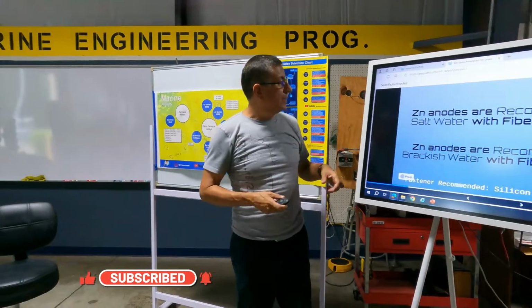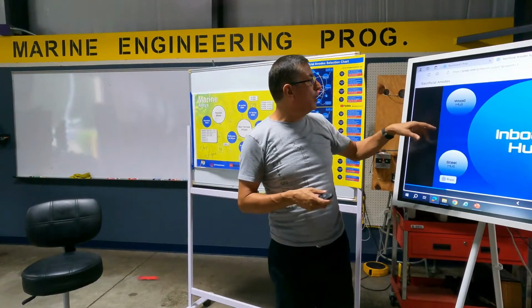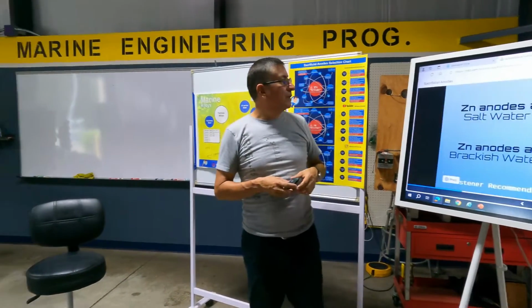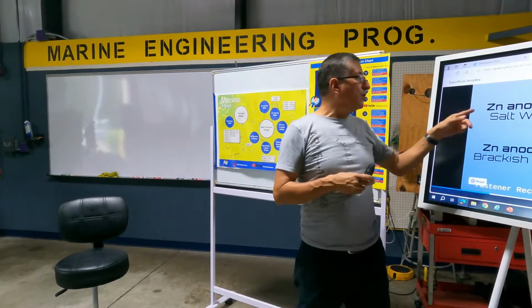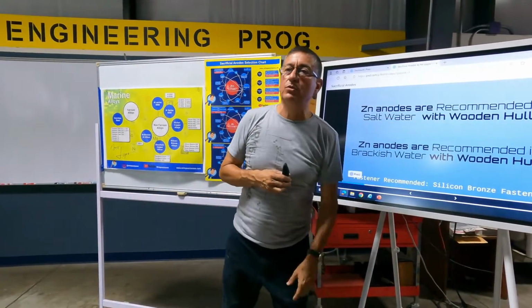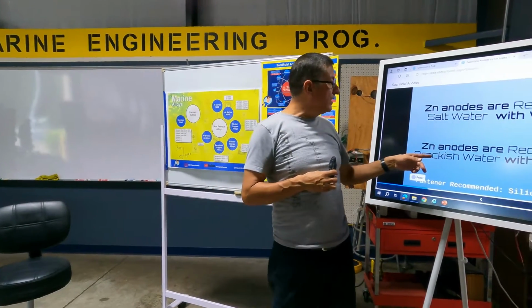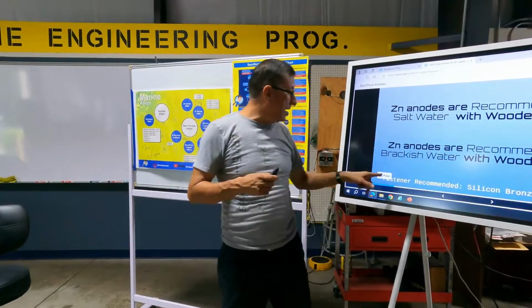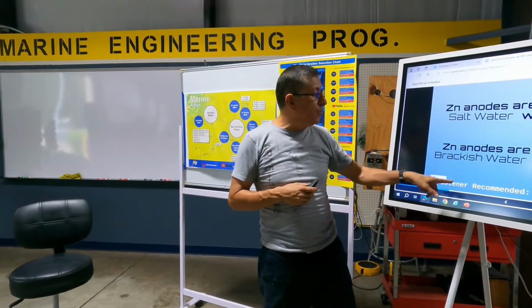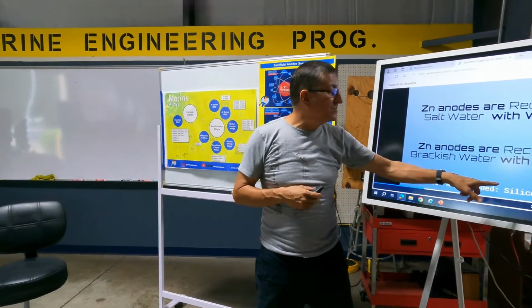Okay, great. Let me check what happened if the hull is in wood. The anodes of zinc are recommended in salt water with wooden hulls. And the anodes of zinc are recommended in brackish water with a wooden hull. And also, the fastener recommended in wooden boats is silicon bronze.